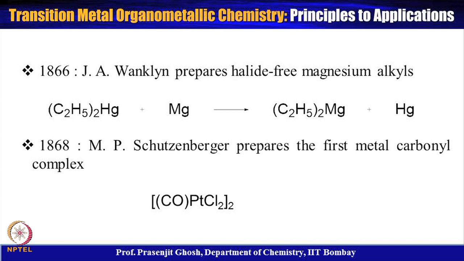1868 saw M. P. Schuttenberger prepare the first metal carbonyl complex in the form of the COPtCl2 dimer. Here, a gaseous carbon monoxide molecule binds to platinum.